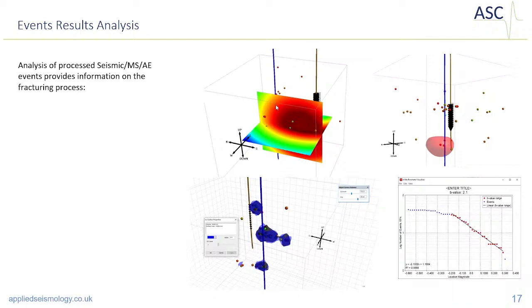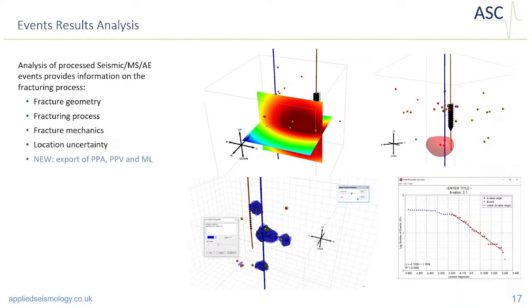It also allows you to investigate the uncertainty in our locations, and to analyze the different source parameters. What's new now is that it allows you to export the peak particle acceleration, peak particle velocity, and the local magnitude.